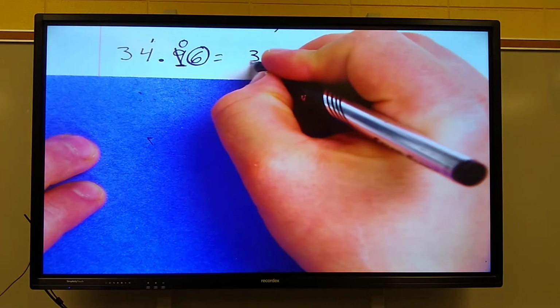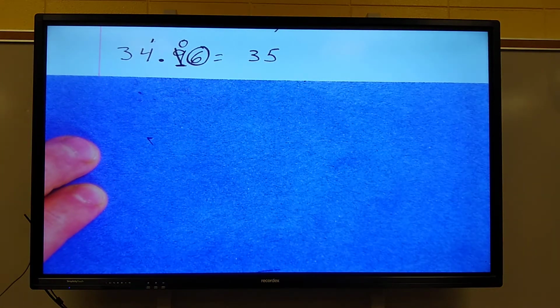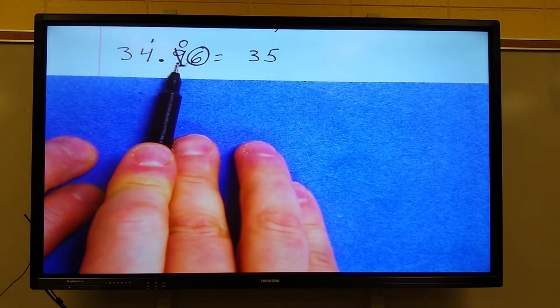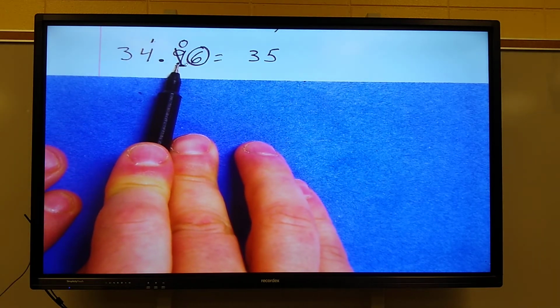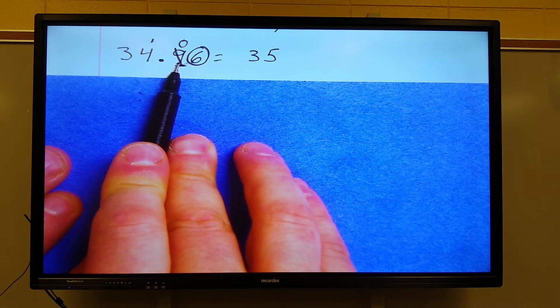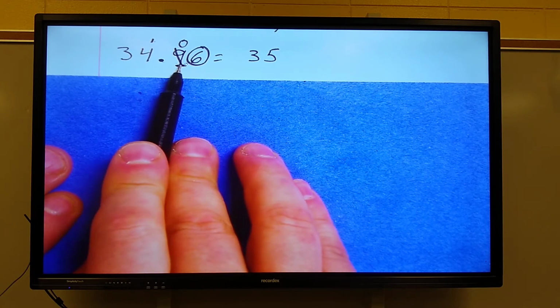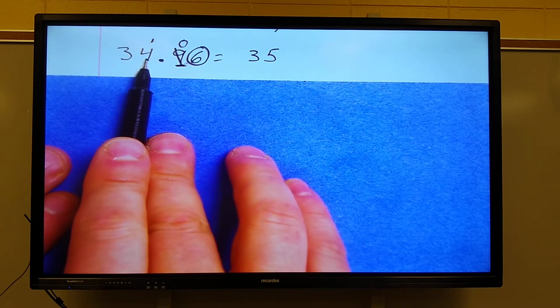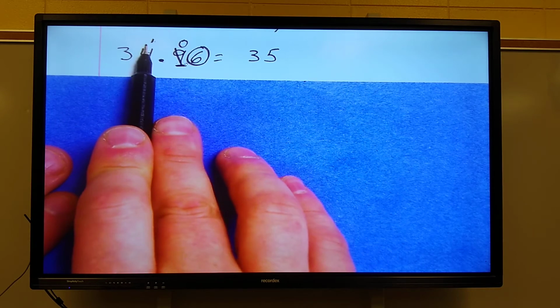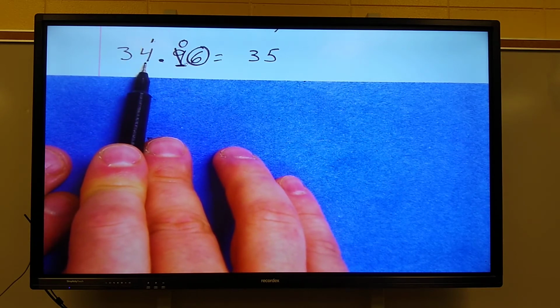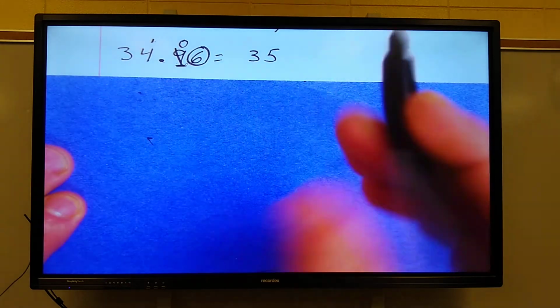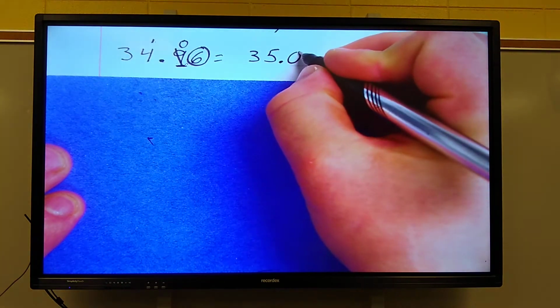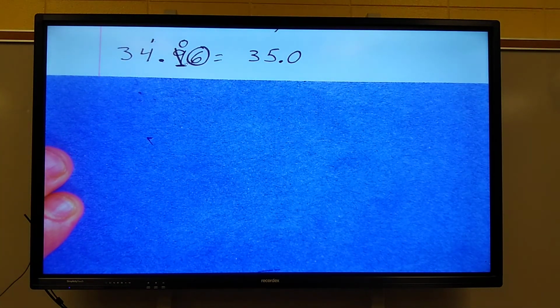My answer is 35. 6 rounds the 9 up 1. Up 1 from 9 is 10. I can't put a 10 right here. I carry 1 and add it to the next place. 4 plus 1 is 5. So really this is 35 decimal 0, but you don't have to put decimal 0. Just 35 is fine.